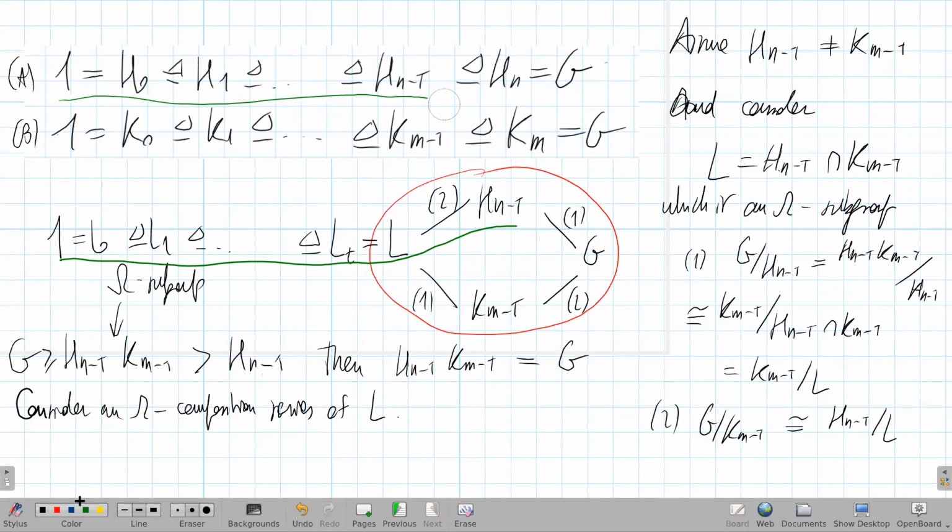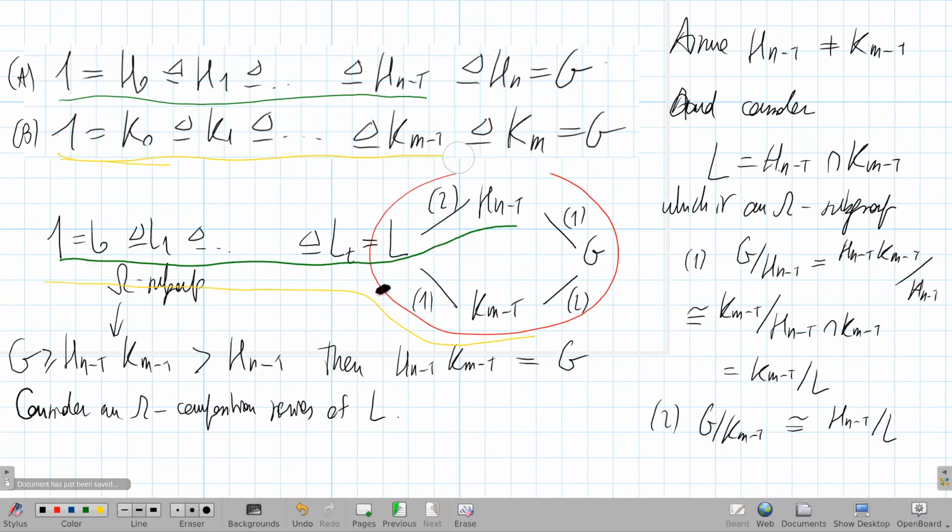Then, if I consider Kn minus 1, it has two composition series, one is this one, and the other one is this one. So this and this have the same length and have the same composition factors up to a permutation.